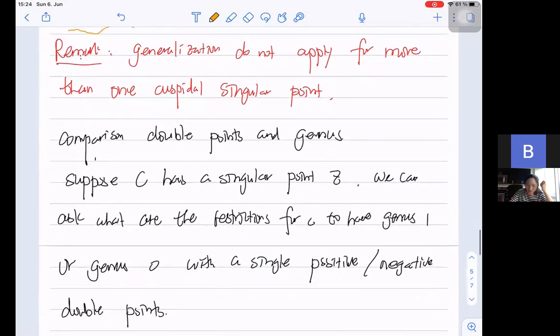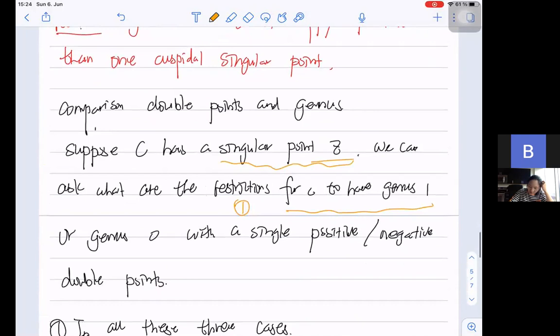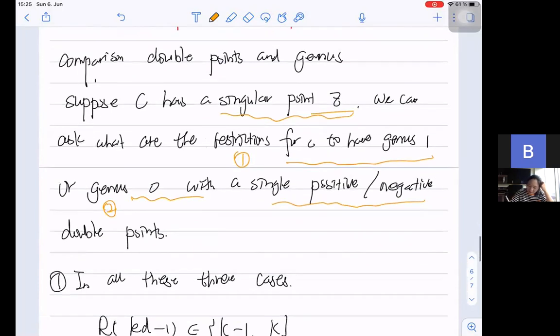So the question is: if we have a complex curve C, and we assume it has a singular point Z, you can ask whether you can find a curve C of genus 1 with this singular point Z, that's the first kind of situation. Or can we find a curve with genus 0, but with a single positive or negative double point plus the singular point Z. I'll just write these two cases.